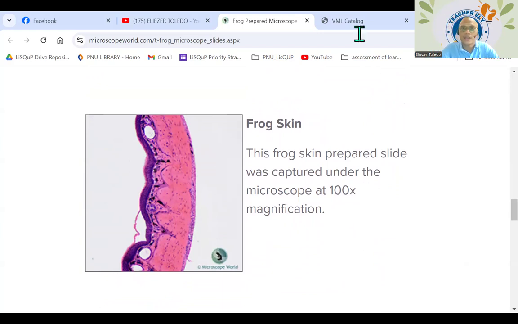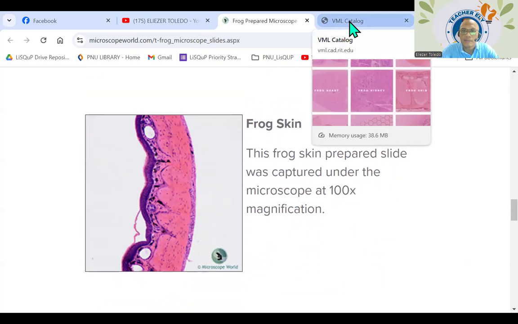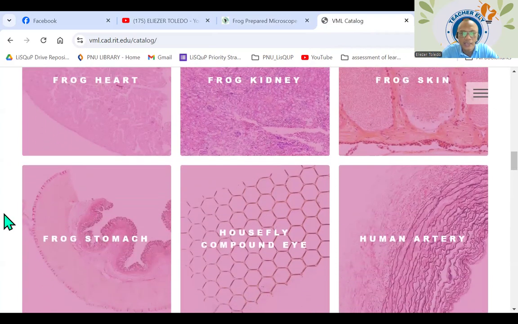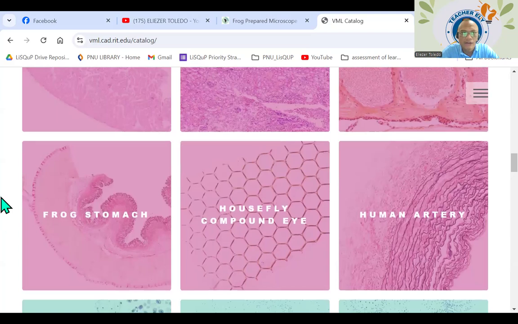Let me open another site. I will not click on it because it doesn't allow, but you will see that the first is a frog heart. There's a frog kidney, frog skin, and a frog stomach.